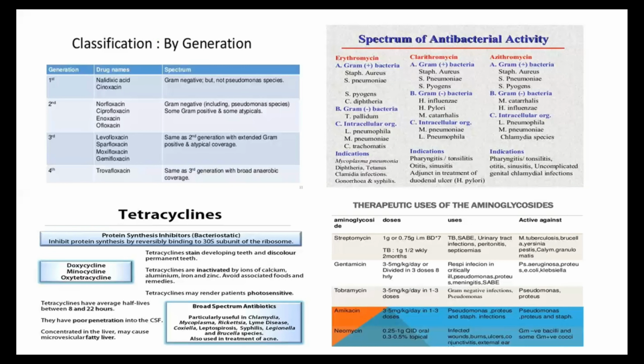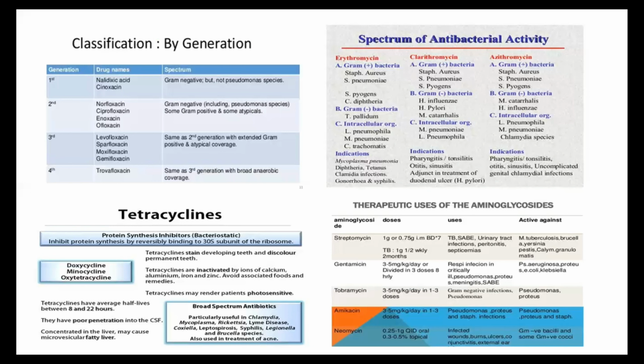They have an average half-life between 8 to 22 hours. They have poor penetration into the CSF, are concentrated in the liver, and may cause microvesicular fatty liver. They are broad spectrum antibiotics, particularly useful in chlamydia, mycoplasma, rickettsia, Lyme disease, leptospirosis, syphilis, legionella and brucella species, and also in treatment of acne.